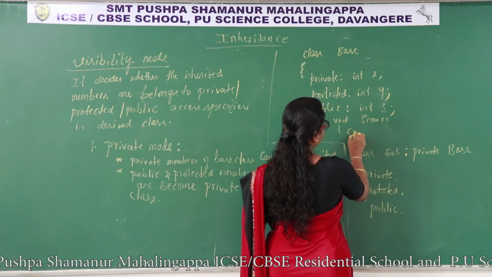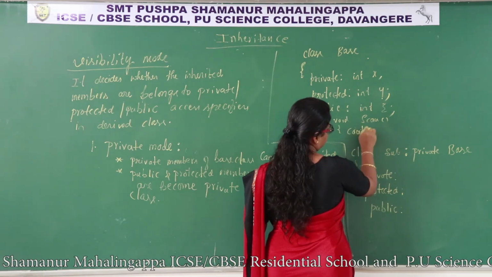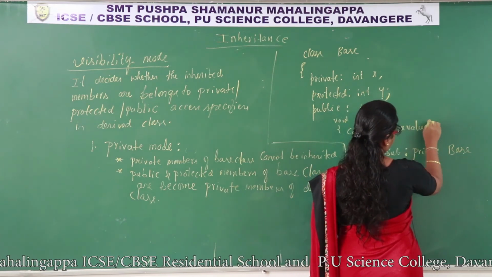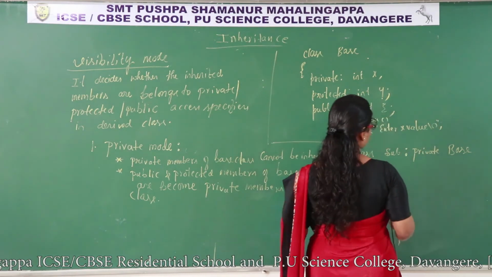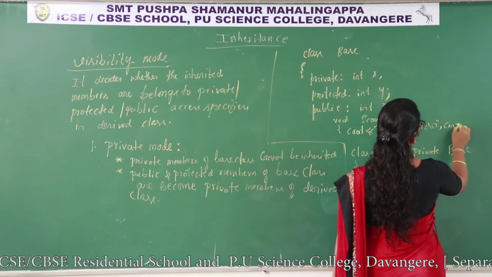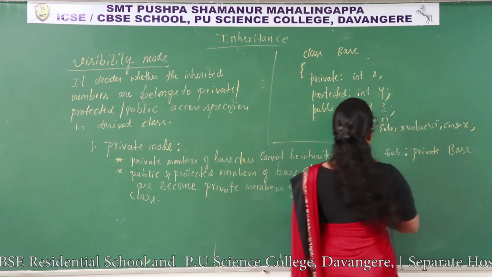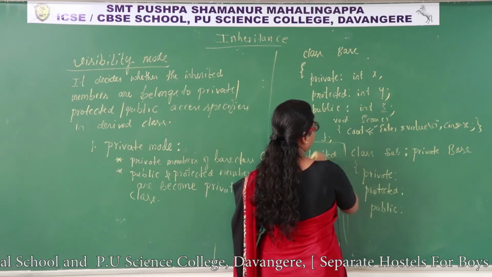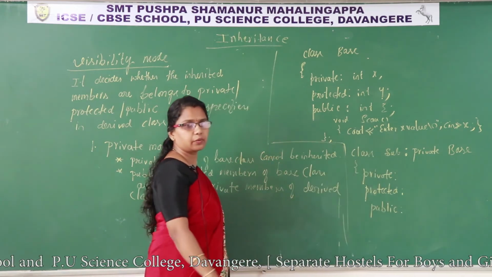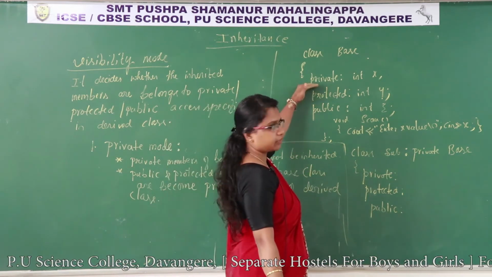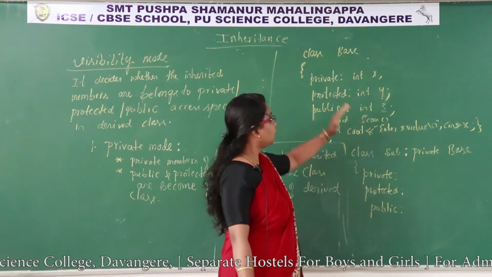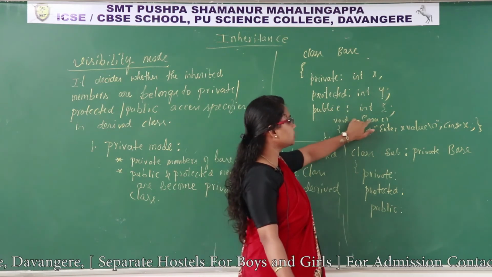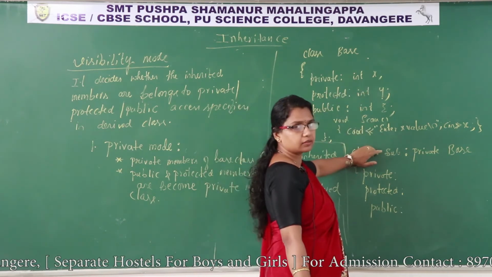The purpose of this function is to access x: cout, enter x value, cin extraction x. Function close, class close, semicolon. Are you understanding? So private data cannot be inherited to derived class. How to access private data? Through the member function of that class. I have taken scan as a member function. It can access private data.